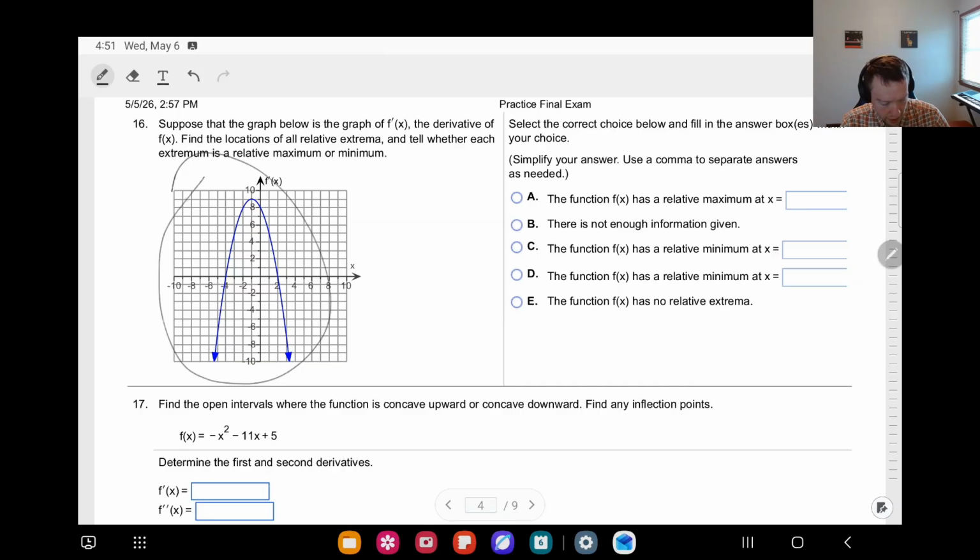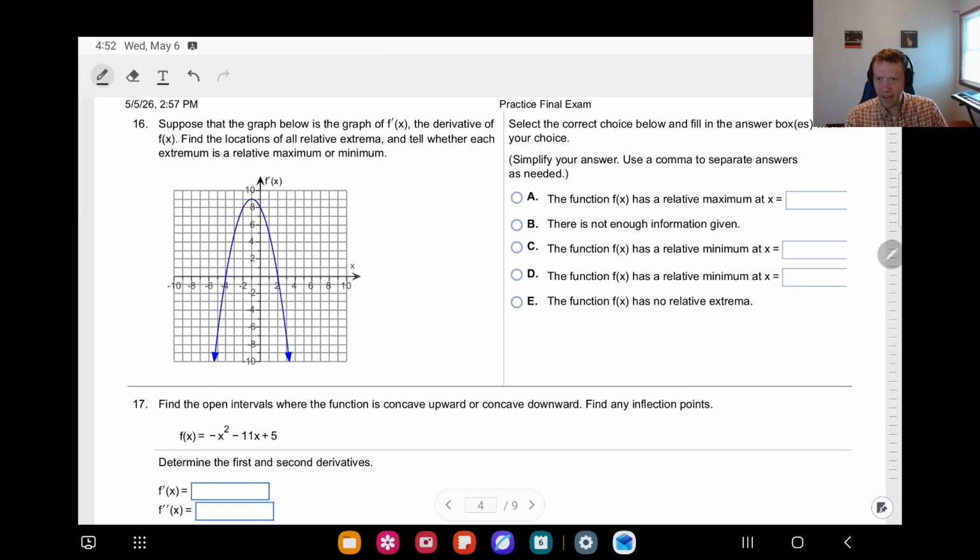So this graph is not of our main function, it's the graph of the derivative. Based on that, we want to find the relative extrema of f. That means we're going to have to use this picture in a creative way.